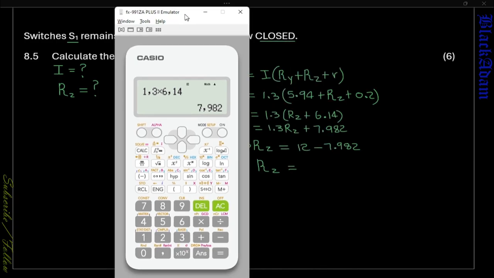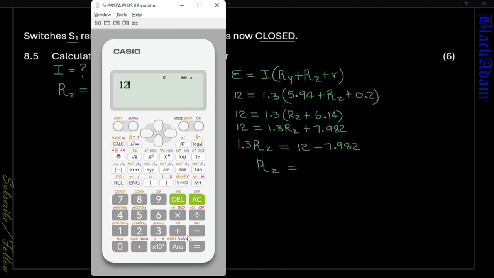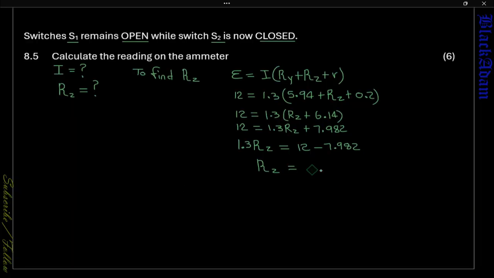So RZ is going to be 12 minus 7.982 divided by 1.3, which gives us 4.02 ohm. So that's the resistance for RZ.